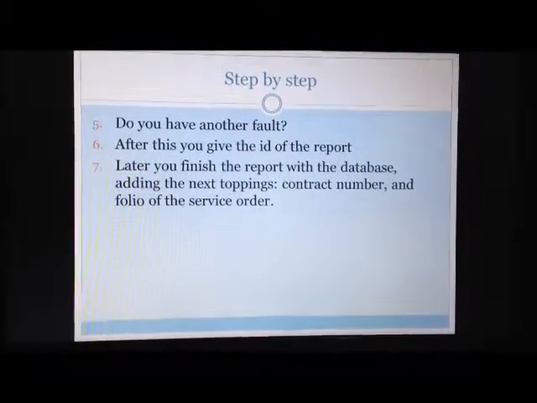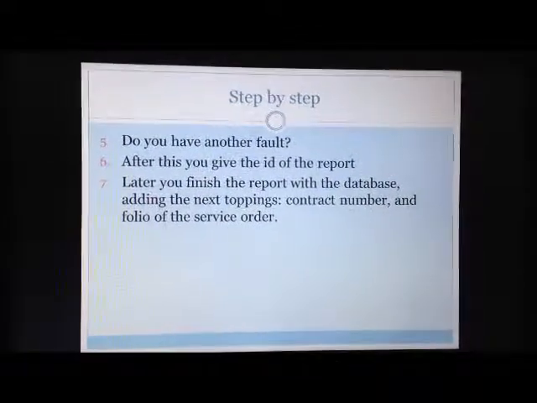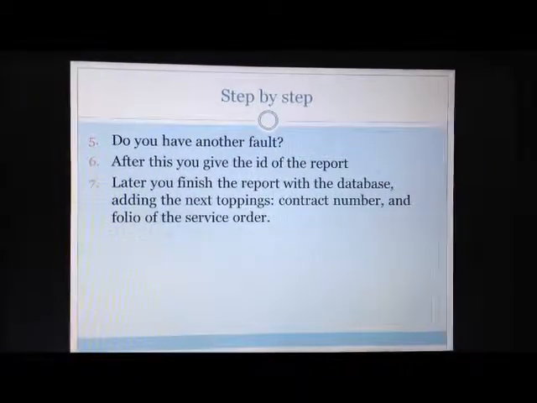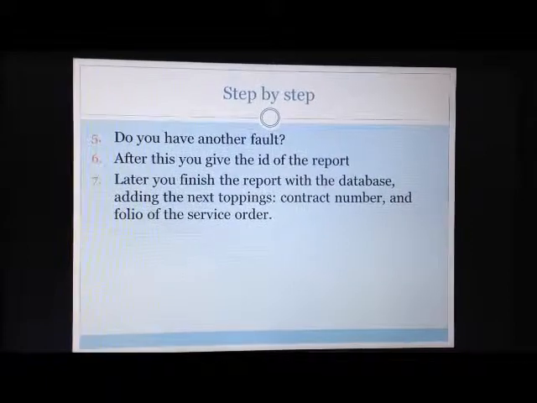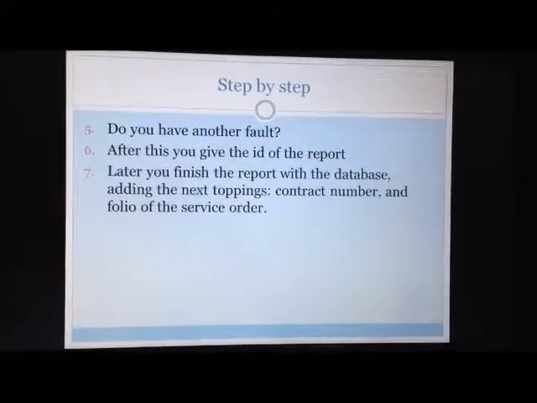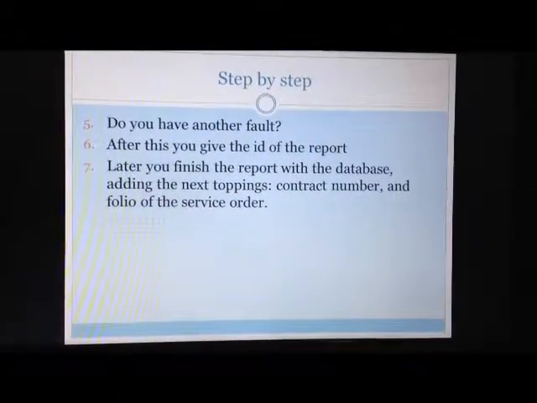Number 5. You're going to ask, do you have another fault? Number 6. If he doesn't have another fault, you are going to give him the ID of the report. Number 7.